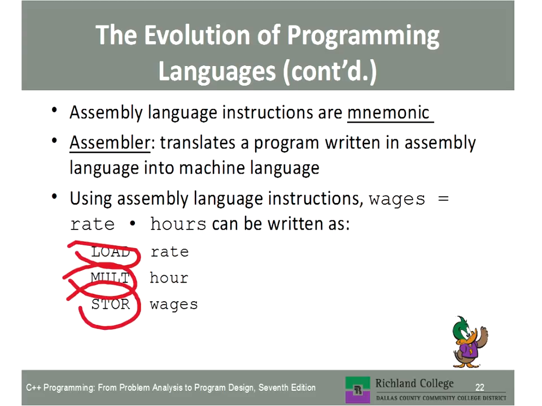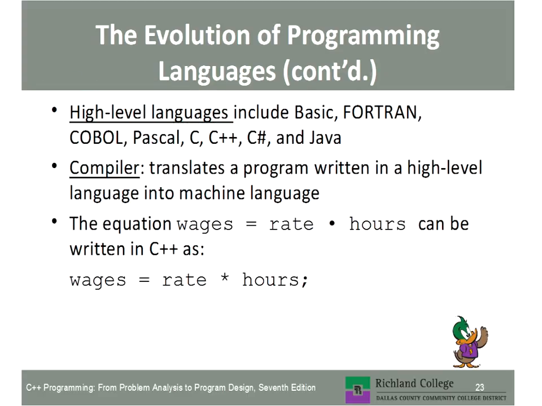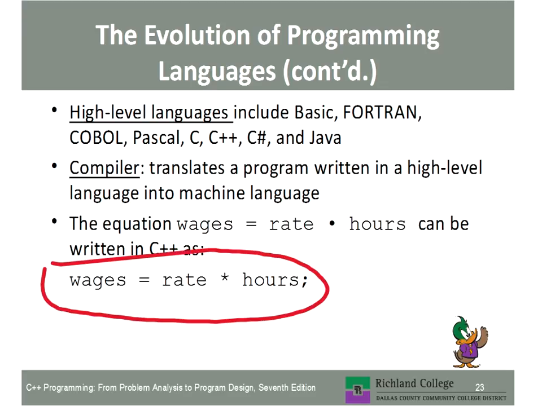So that's what all this load business and the multiply and the store, what does that mean? That's what we used to have to type in. What I just showed you is the assembly language. There are many different languages, and we're going to call these variables. That's the variable that's going to point to a memory address, and we don't have to worry about it.